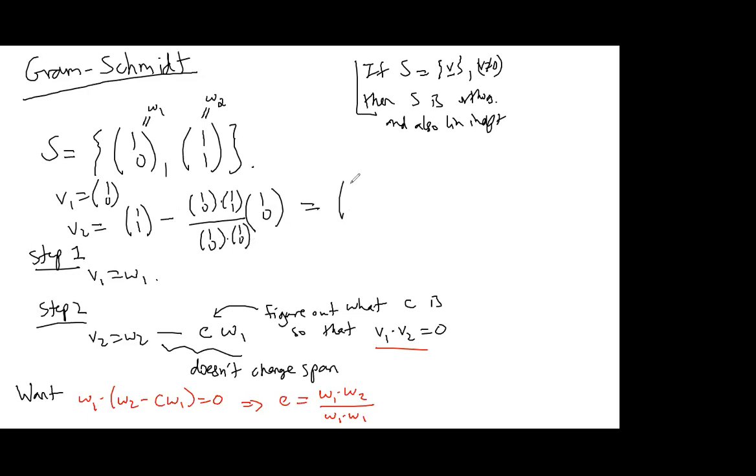We just figure this out. It's (1, 1) minus (1, 0), we get (0, 1). So we get the standard basis vectors (1, 0) and (0, 1), and these are orthogonal.